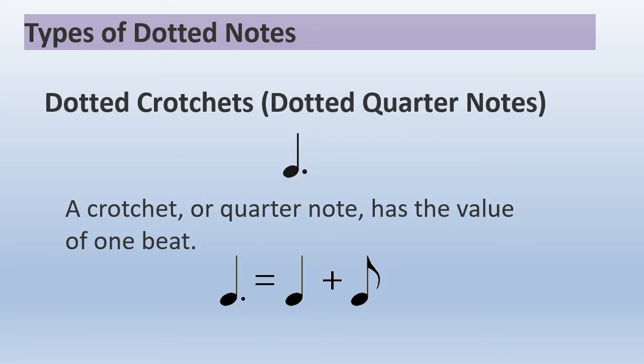To find the total beats, we know the crotchet is 1 beat. Altogether we have 1 plus half, because half of 1 is half itself. Adding both together gives us 1.5.